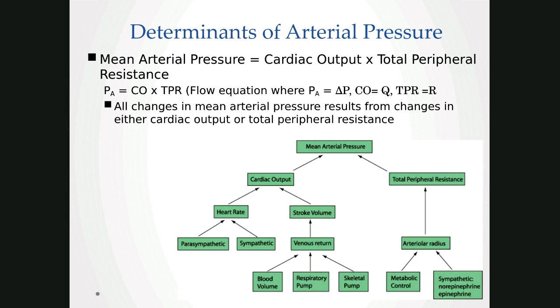Okay, so those are our 4 forms of resistance. In the short term, because viscosity normally doesn't change, gravity really doesn't change, and the length of the body doesn't really change, we look at short-term changes to the blood pressure we need at the start from the left ventricle to ensure that blood gets through the elastic arteries, through the muscular arteries, through the arterioles, and through the capillaries into our veins.